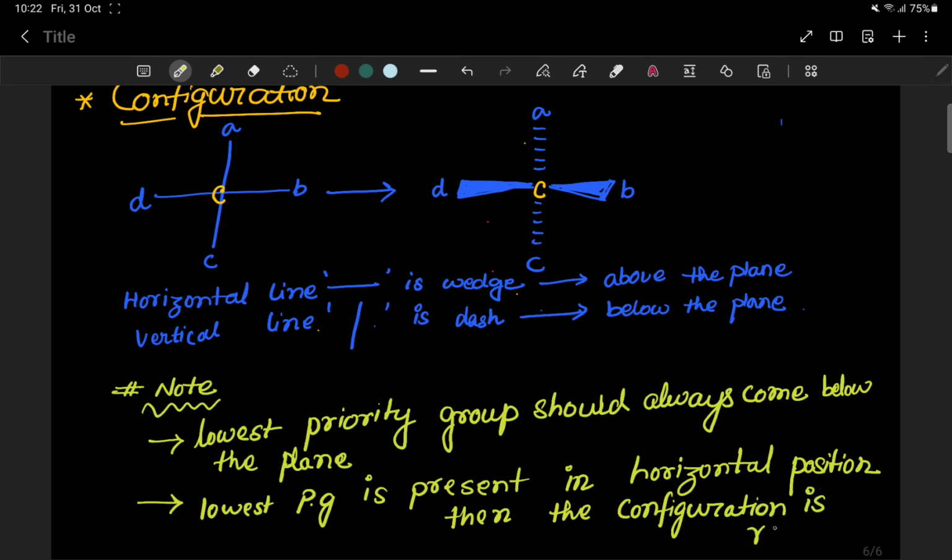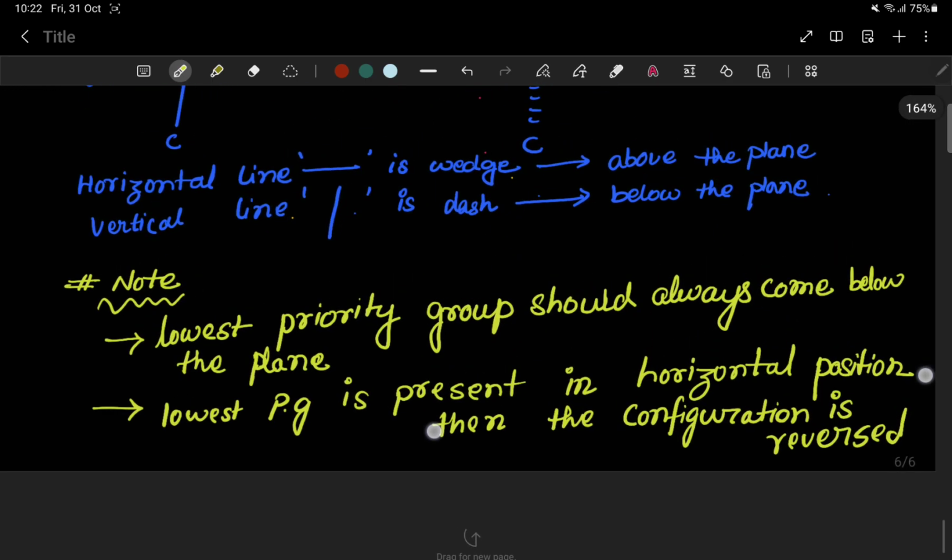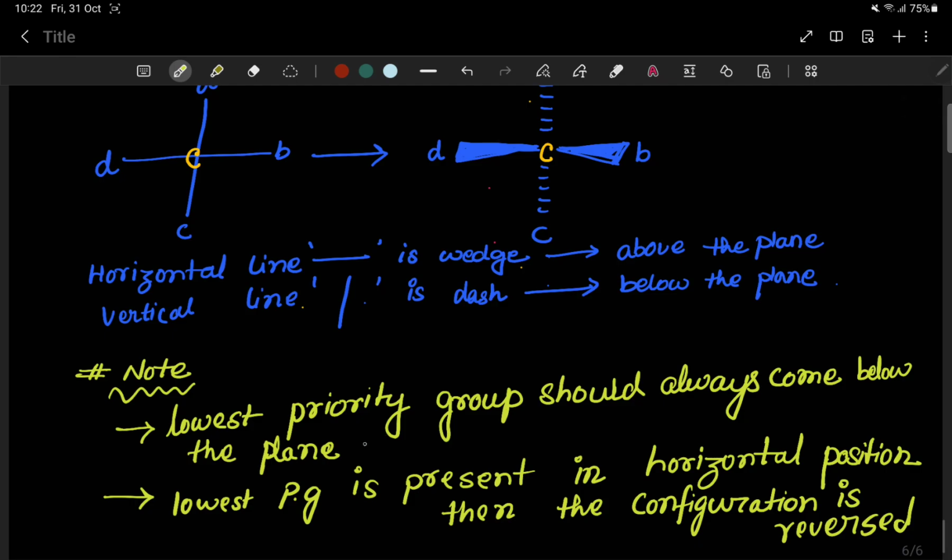Or you can say the lowest priority group should always be below the plane. And if it is in the vertical position, the configuration is the same.